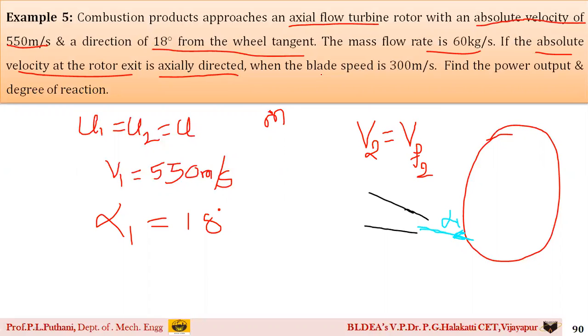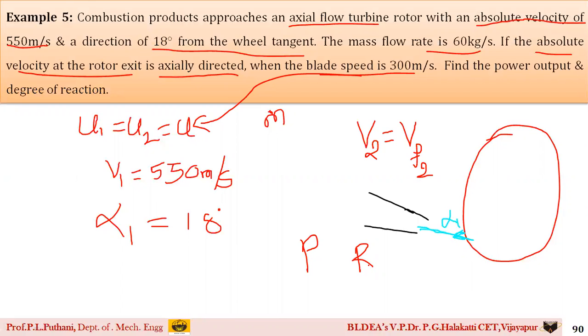The blade speed is 300 meters per second, which is U. You need to find the power output P as well as the degree of reaction R. These are the given conditions.